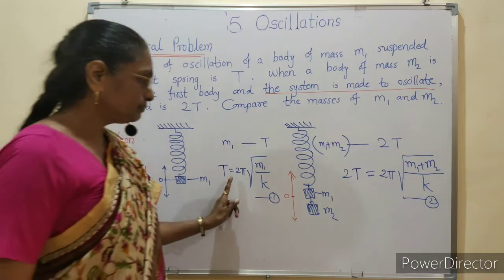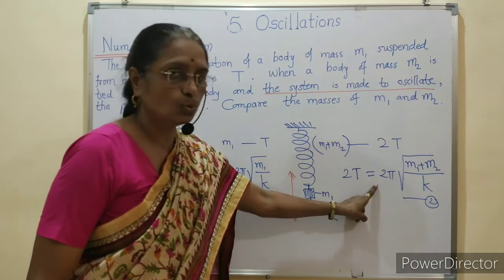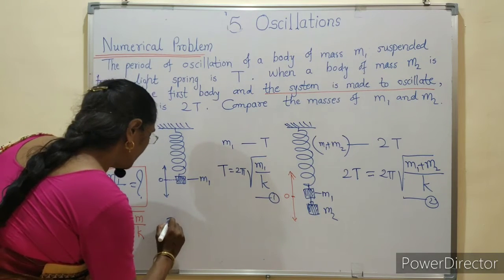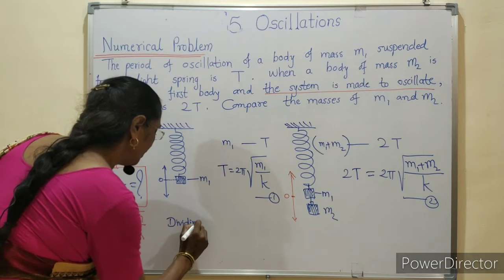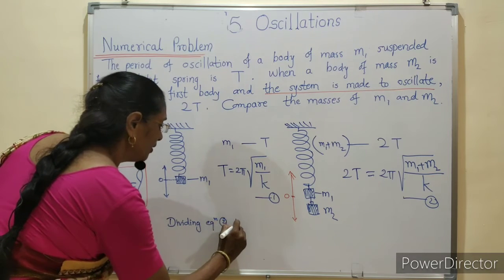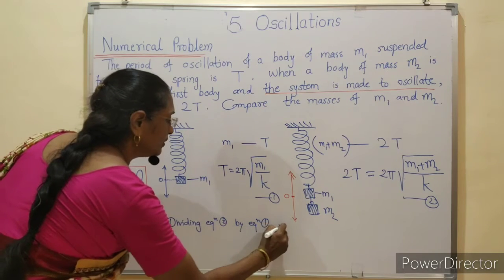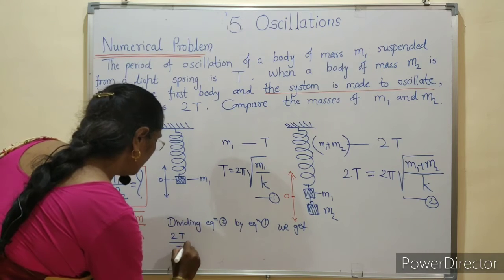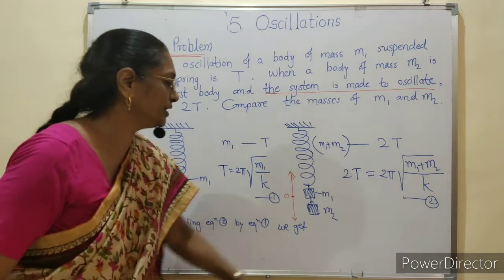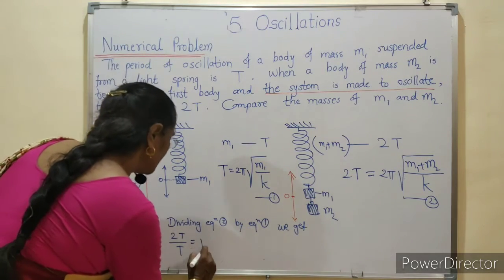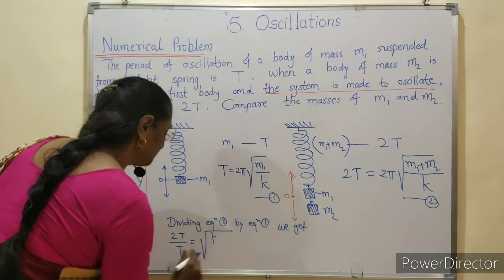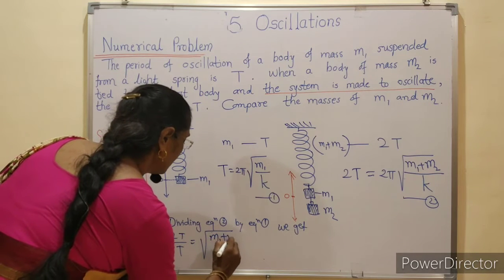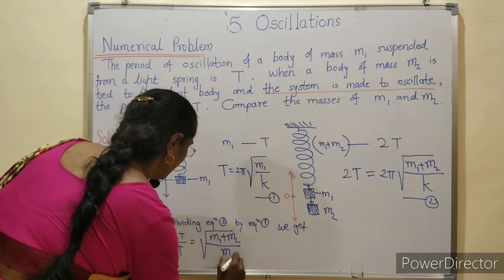Now if we divide equation 2 by equation 1, we get twice T divided by T is equal to twice pi under root, where twice pi cancels, k also cancels, and inside the square root there is m1 plus m2 divided by m1.